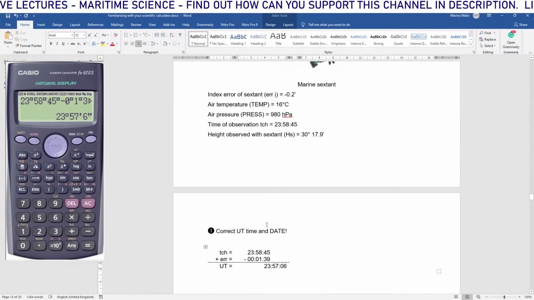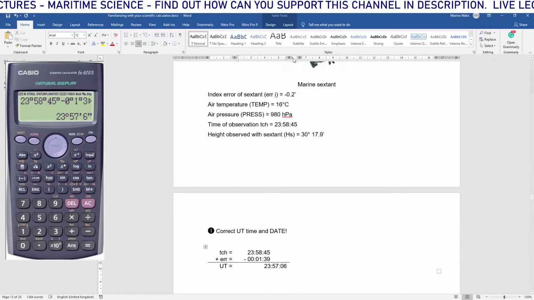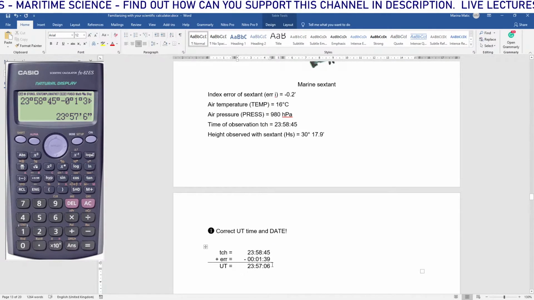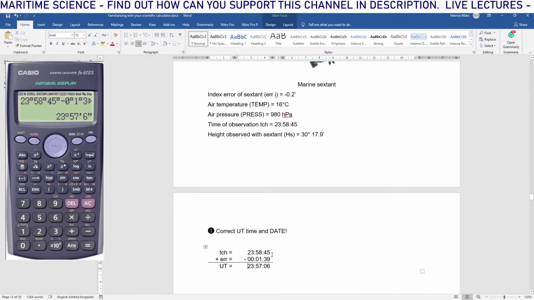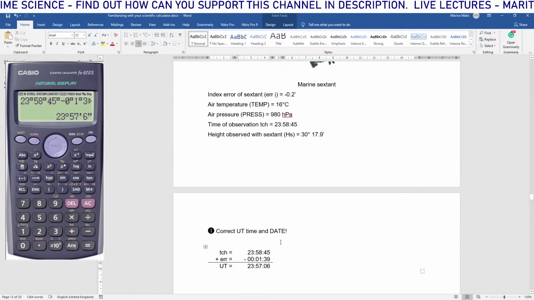So that is my correct time. Okay, perfect. So this is the exact UT time of observation.